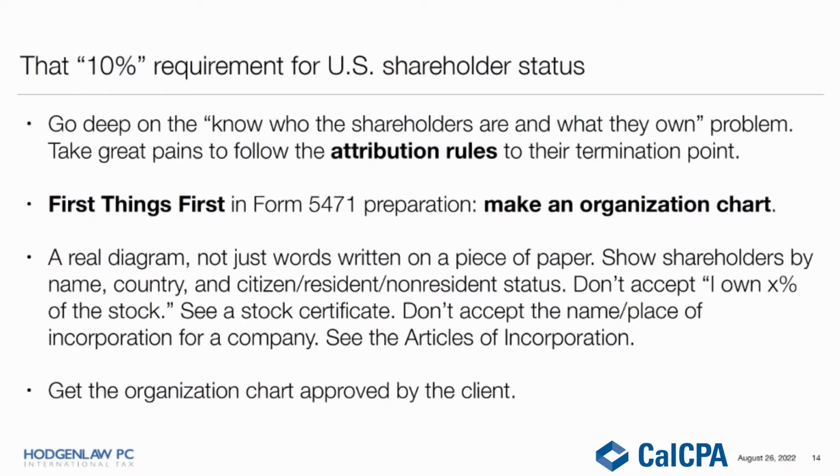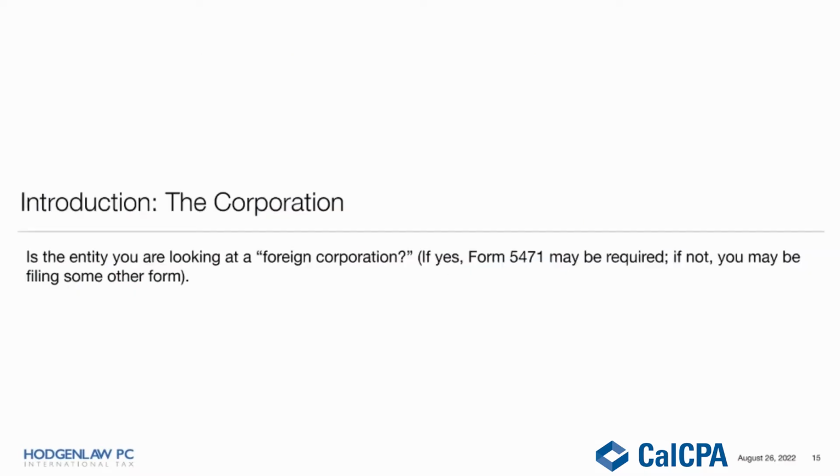So you need to know what they own, number of shares. You need to see the articles of incorporation to see the classes of shares that are authorized to be issued and confirm that you know reality. Ask me how I know. Anyway, so that's your shareholder.